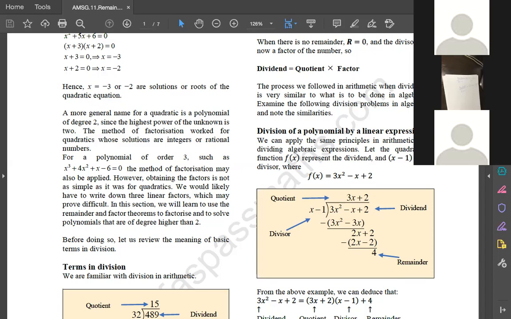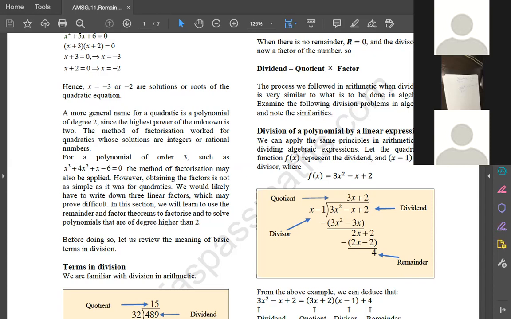So all linear functions, their power is 1, which we don't write. Now once the power is more than 1, it ceases to be linear. So this is the hierarchy: we have linear, we have quadratic, we have cubic, and then it follows like that. Very, very easy.